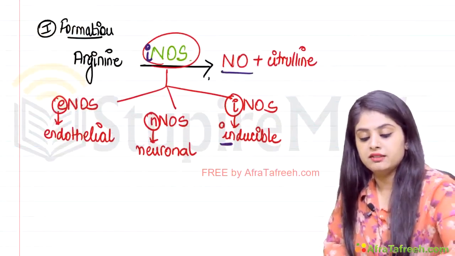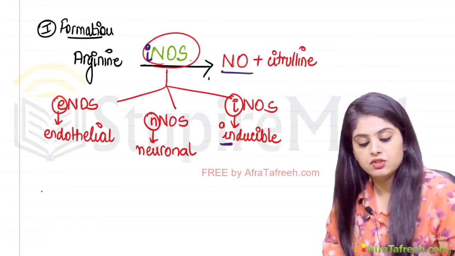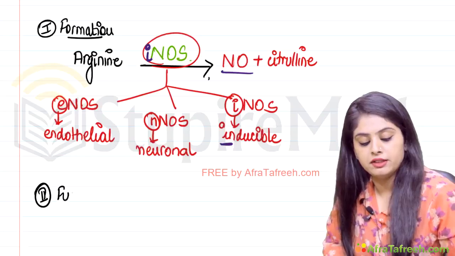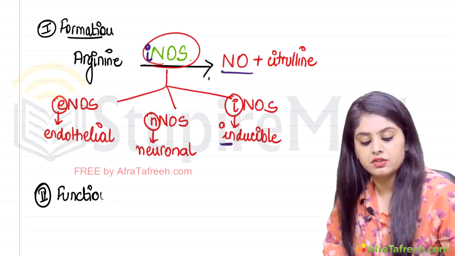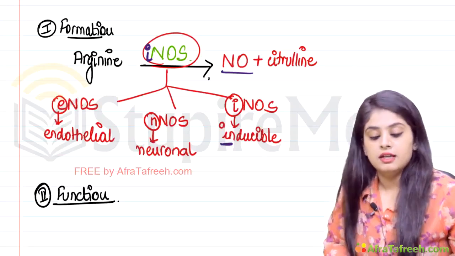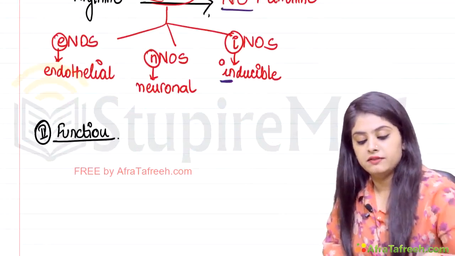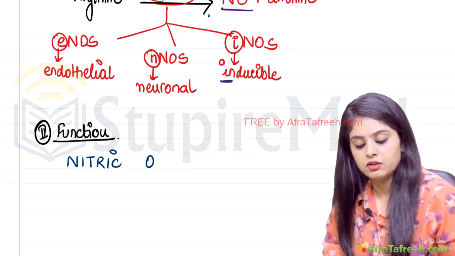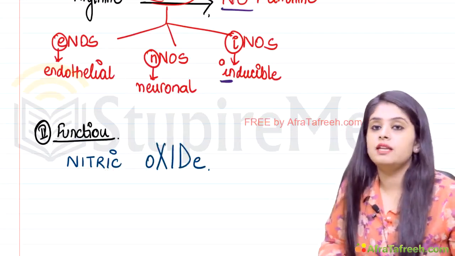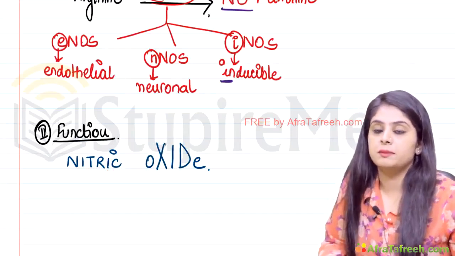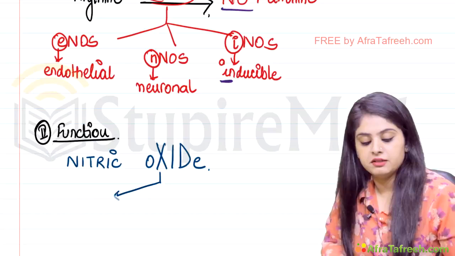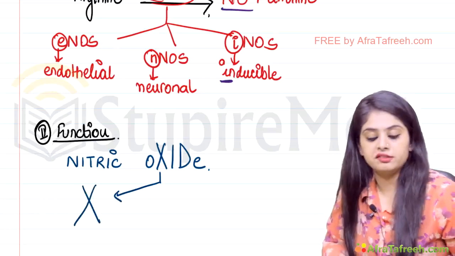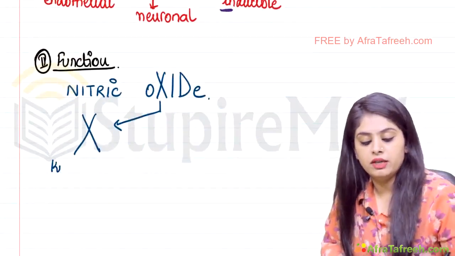Now we've done the formation. After the formation, let's discuss the function of nitric oxide. Now nitric oxide, if we focus on the term nitric oxide, it has three very important functions that we need to consider. First is the X or the cross. It is going to kill the bacteria.